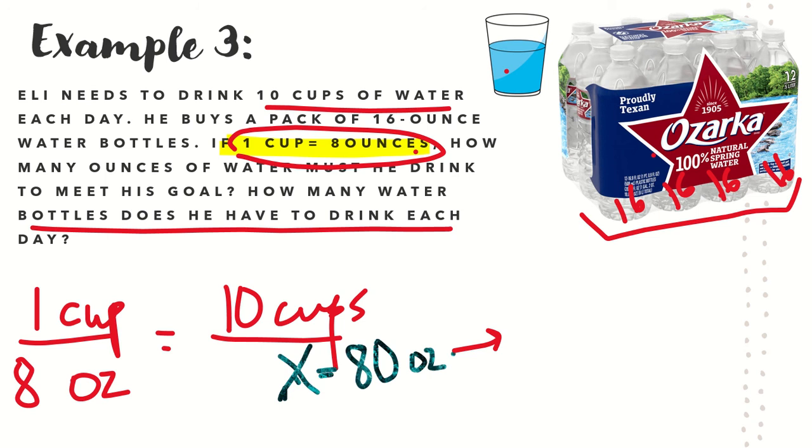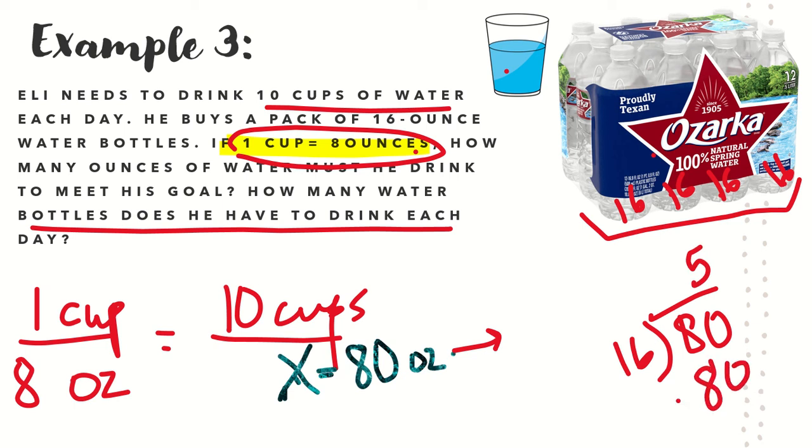Well, that's a quick division. 80 divided by 16 to get our answer. 16 times 5 is exactly 80. So Jeffrey needs to drink 5 bottles worth. 5 bottles would be the same as drinking 80 ounces, which is the same as the 10 cups.